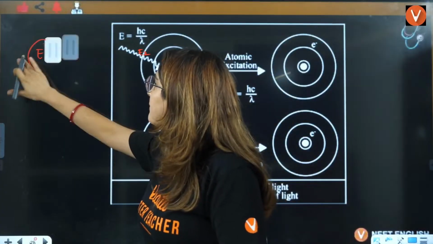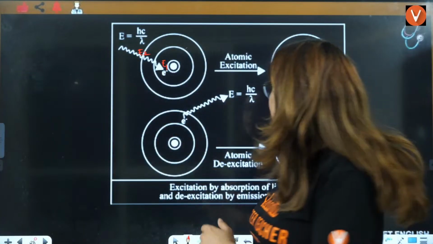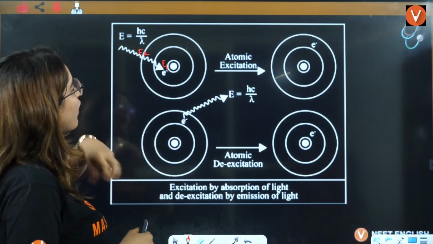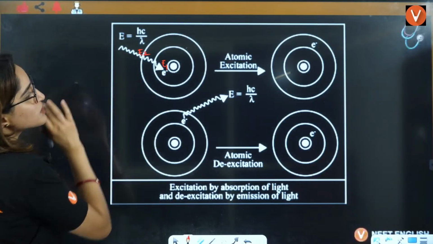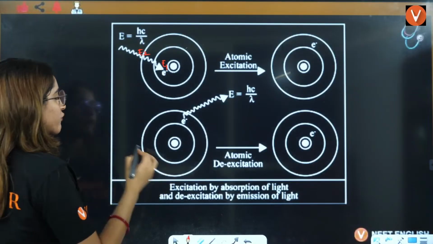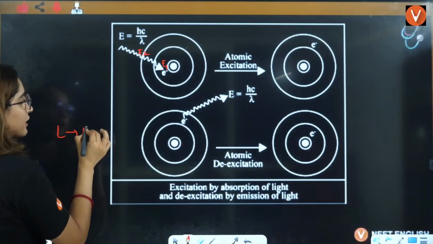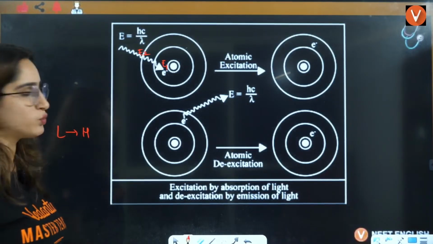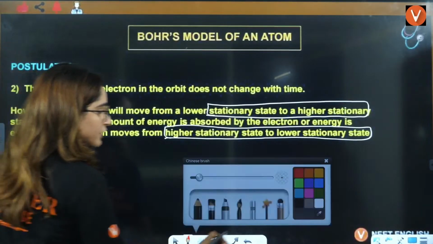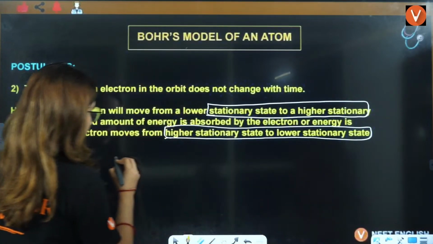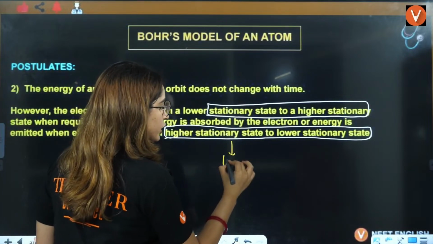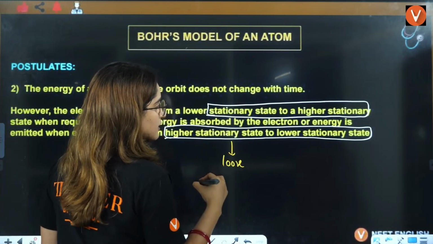So what will happen when the electron is going from higher to lower? It will lose the energy, okay? Now, if the electron is going from lower to higher, what will it do? Students, I am writing just here: if it is moving from higher to lower, it will lose the energy, right?